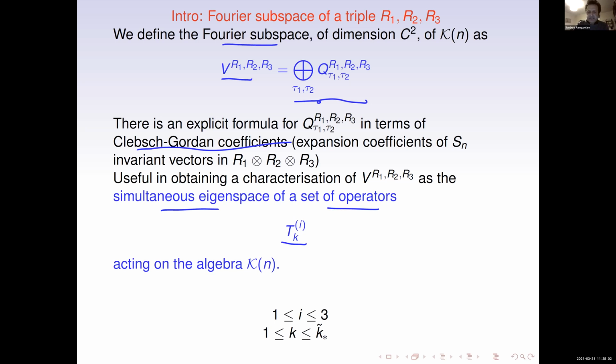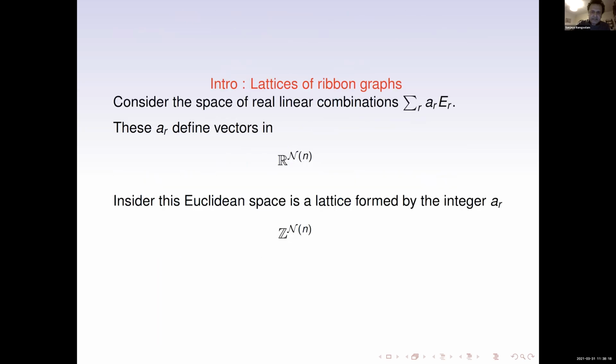There's a set of operators, T_k^i, k goes from 1 to k tilde star, i goes from 1 to 3. I'll tell you what these things mean shortly. But there's a set of linear operators, and we can characterize this Fourier subspace in terms of these operators.